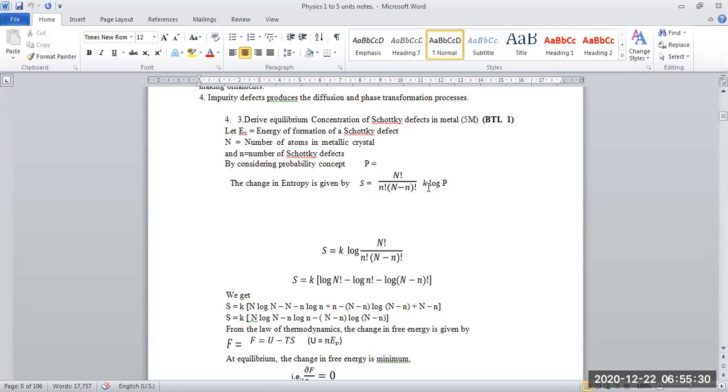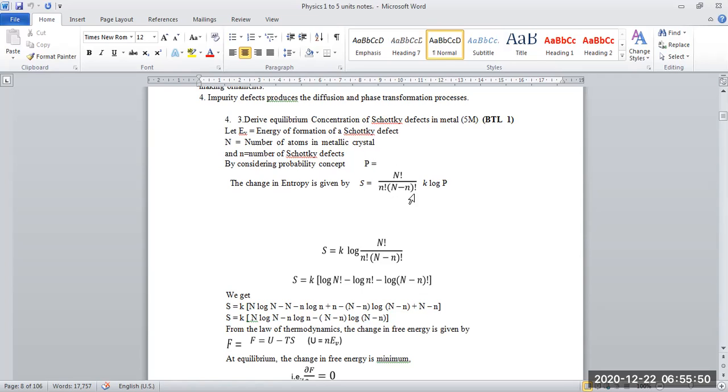So now S is equal to k log P, where k is the Boltzmann constant and log of P is the logarithm of P. So what is P actually? P is N factorial by small n factorial into N minus n factorial.